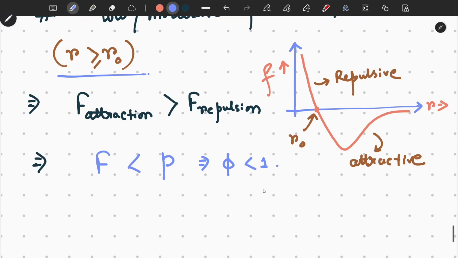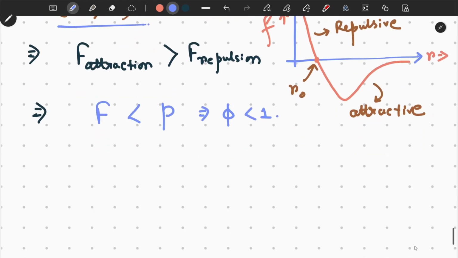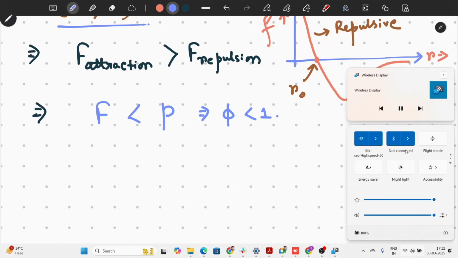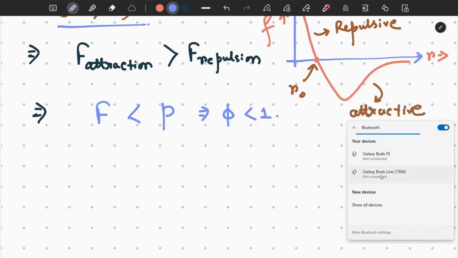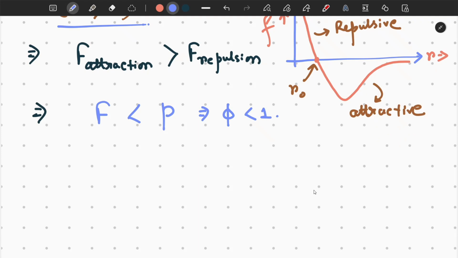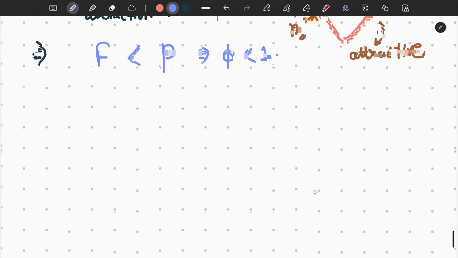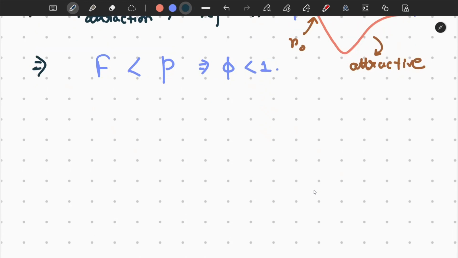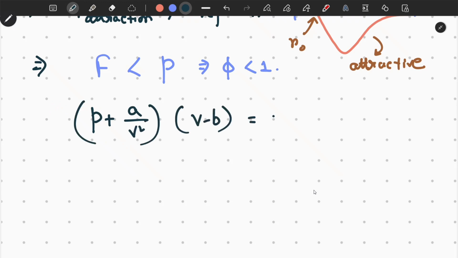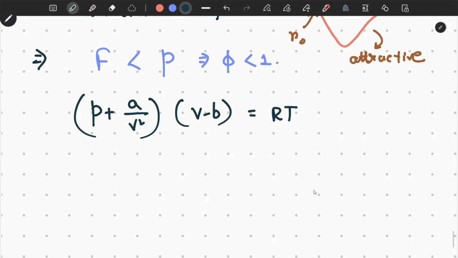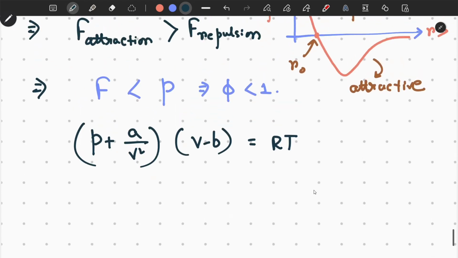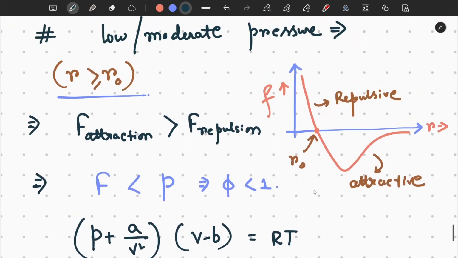You can visualize it, and you can even do it explicitly. For a Van der Waals gas, everything is for 1 mole, and we are considering this low and moderate pressure.